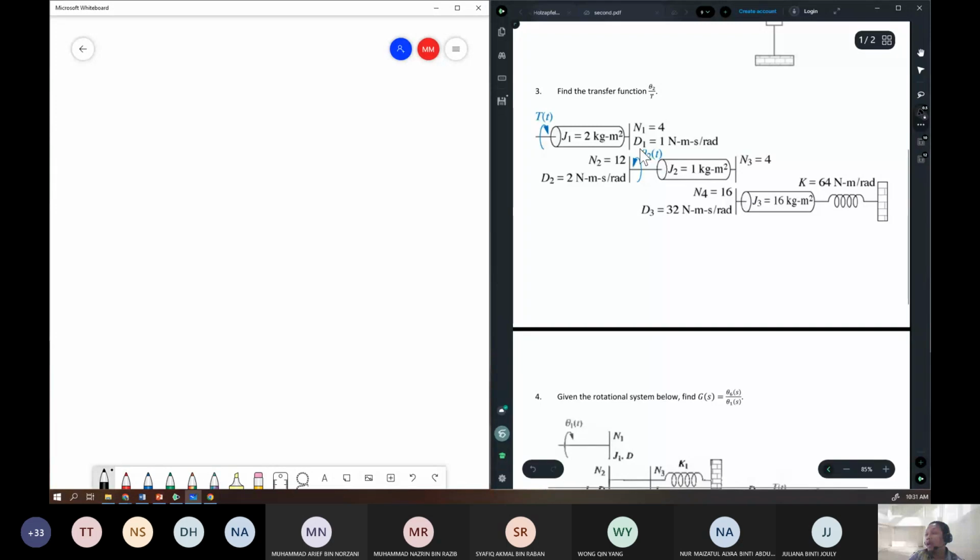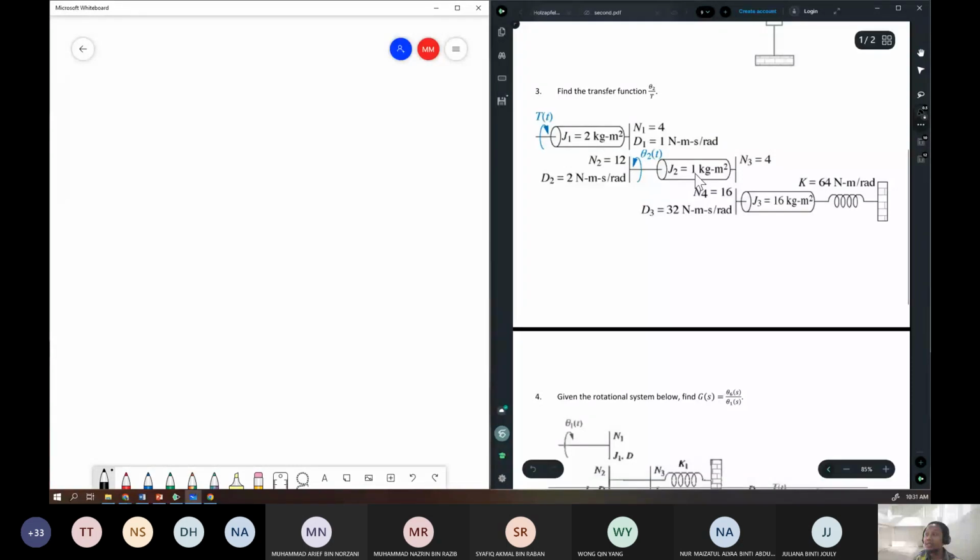For example, if you want to transfer to J1, J1 measures theta 1. So if you transfer everything to theta 1, then later on your transfer function will be in terms of theta 1. So to convert to theta 2, you need to perform the gear ratio conversion. So that's another additional calculation over there, making your calculation longer.